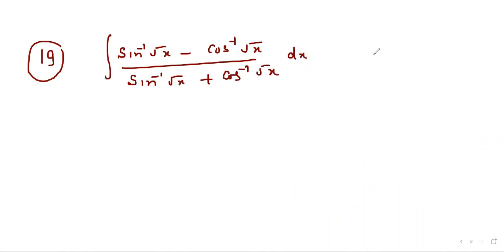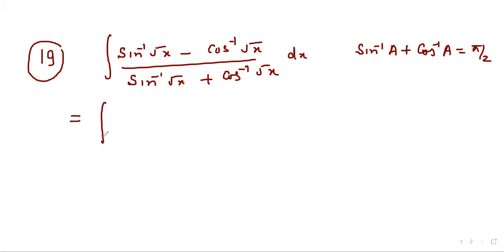Here, if you remember the property, sine inverse a plus cos inverse a equal to pi by 2. So that property we can apply here. So denominator will become pi by 2, and in numerator we can replace cos inverse root x by pi by 2 minus sine inverse root x.